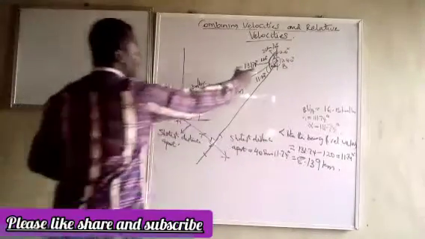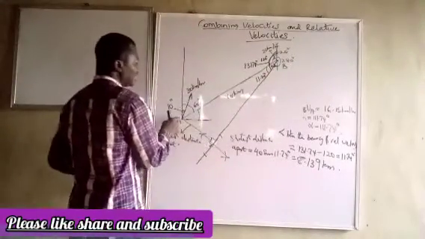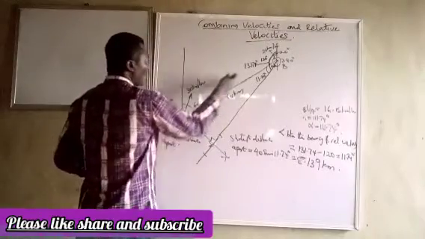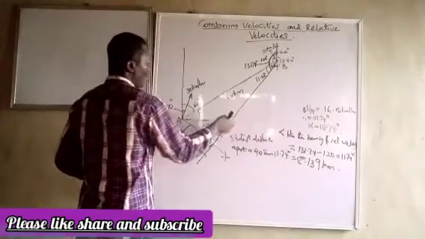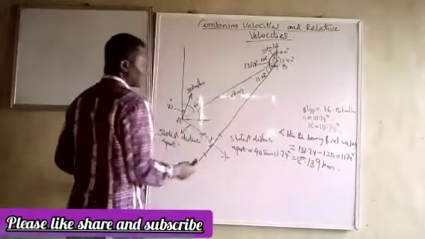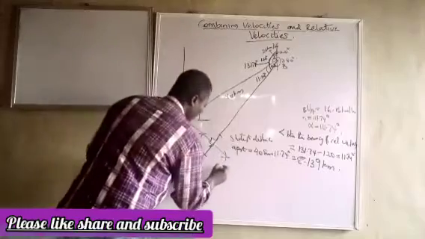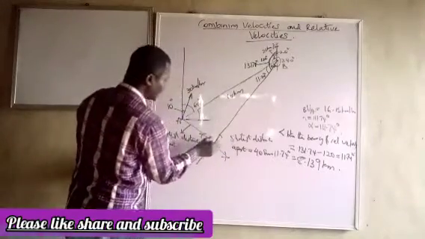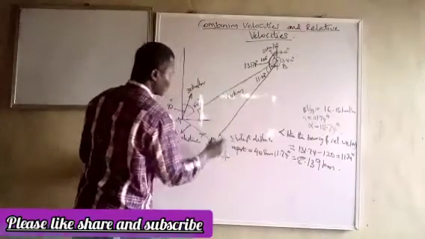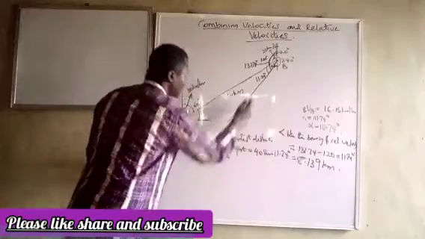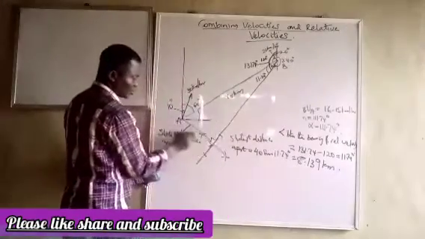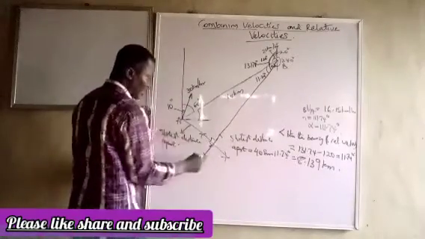Now, to get this place, you will see the projection of the distance on the relative velocity path is this distance to this place. So the time to get to this place, to have this shortest distance apart, is what we are calculating.